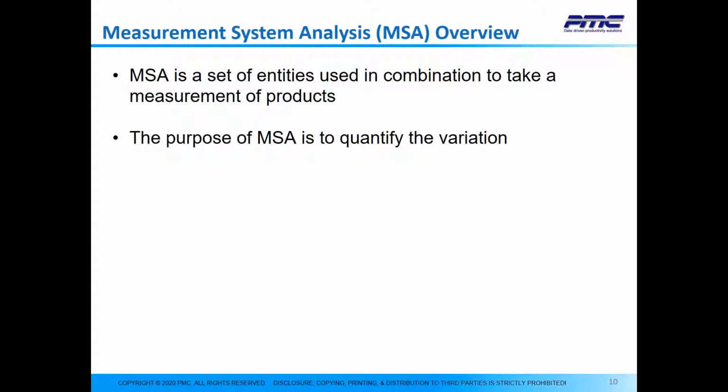But the purpose of MSA is to quantify the variation, also known as the error. And that variation, of course, we're not talking about the product variation or process variation. Here we're specifically talking about the variation introduced by the measurement system.